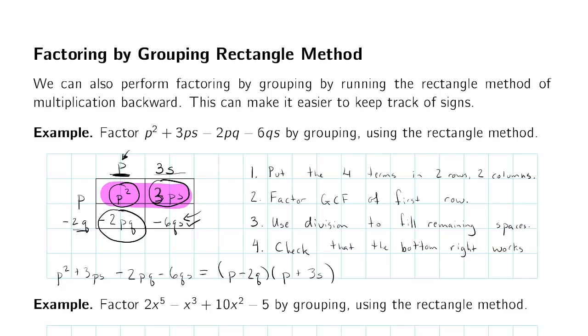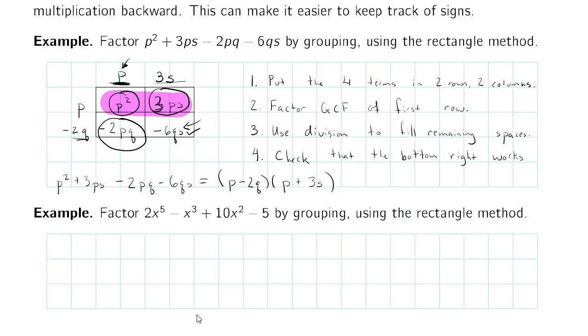And multiplication is commutative, of course, so it doesn't matter which order you write the factors in. So using the rectangle method, doing multiplication backwards, gives us, in many ways, an easier way to factor by grouping. And in particular, we're less likely to make mistakes keeping track of negative signs in this method.